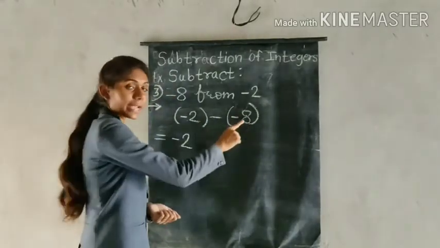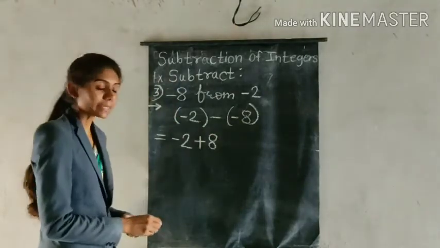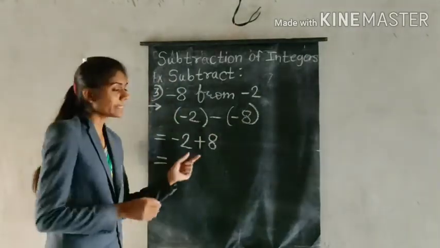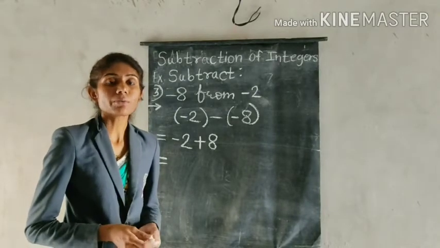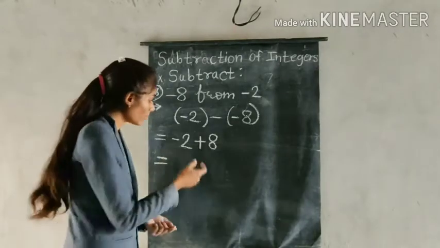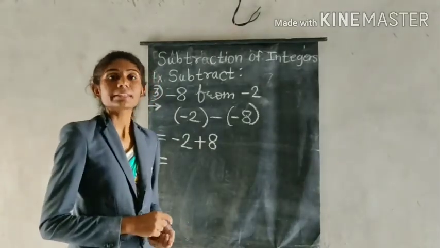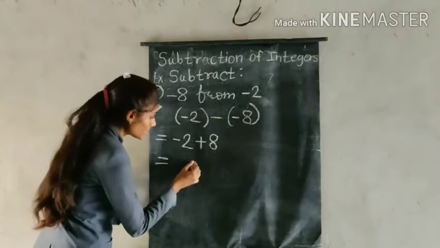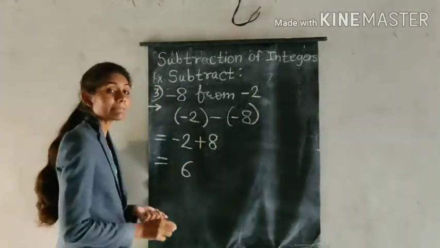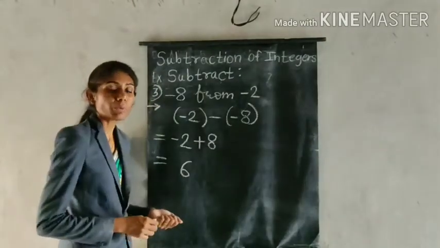So here it is -8, it will become +8. Now, after this we have to perform their addition. We know the rules of addition very well. If both the numbers have different signs, then we need to perform subtraction. So the answer will come 6 and it will be +6 because the greater number is positive.